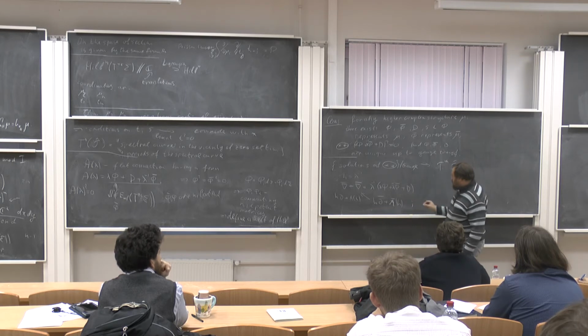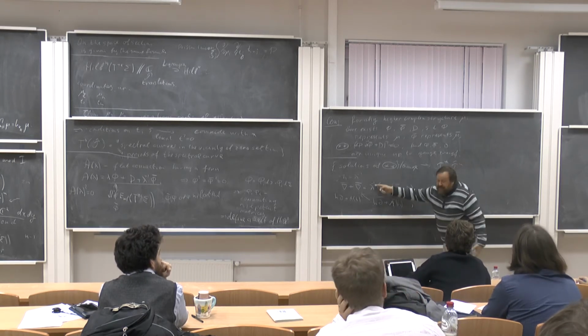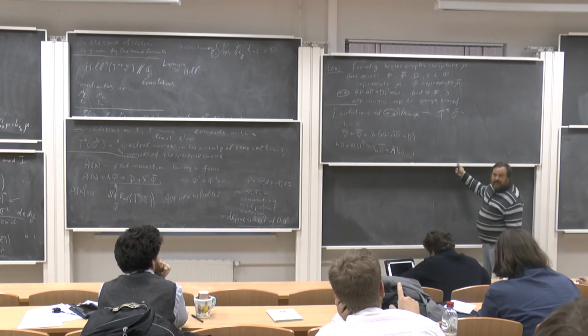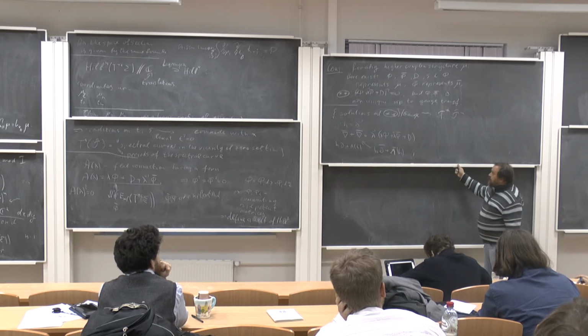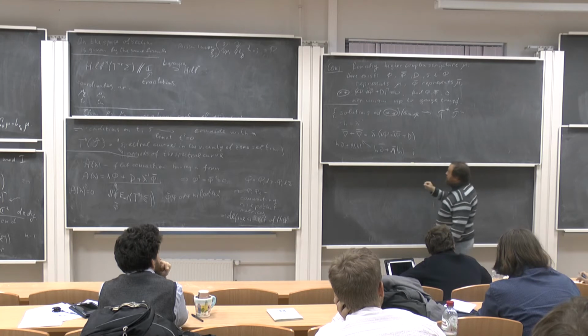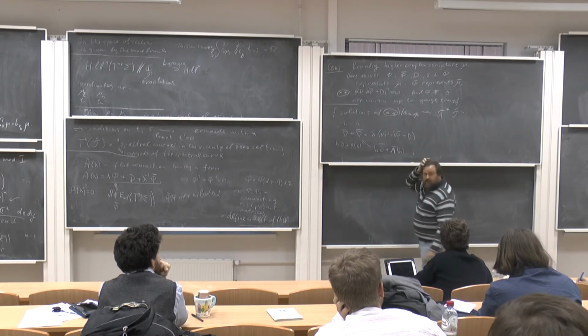Well, it's a connection multiplied by a constant, so you're multiplying both nabla and nabla bar by h, to have something which starts with h and then some higher power of h.